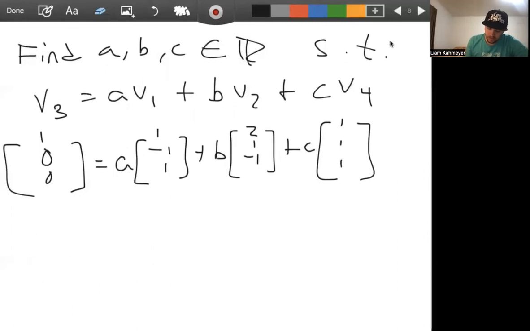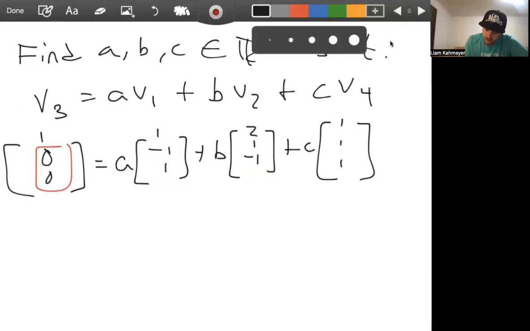Here, I notice one thing. I want zeros in entries 2 and 3, and it so happens that V1 and V2 are equal but opposite in their components 2 and 3. So I want to just look at those.